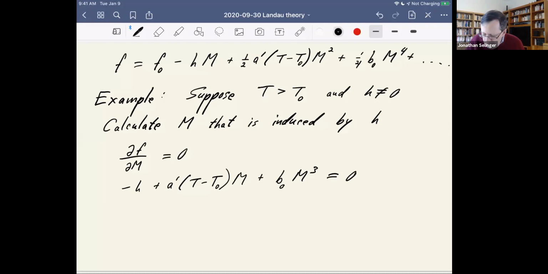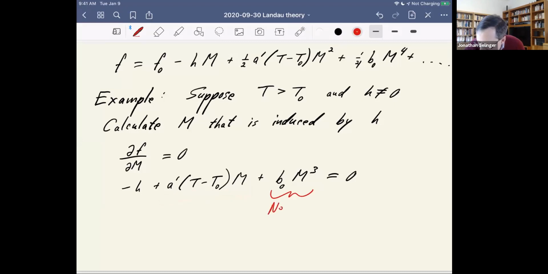So here we have a term that's the first power of m. Here we have a term that is the third power of m. That should be extra small. Okay, so we could neglect that one.